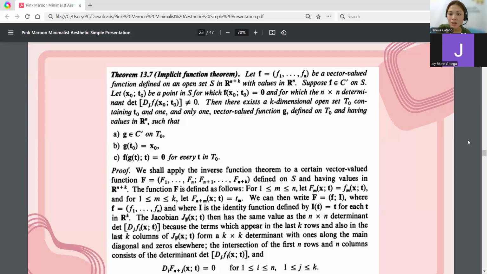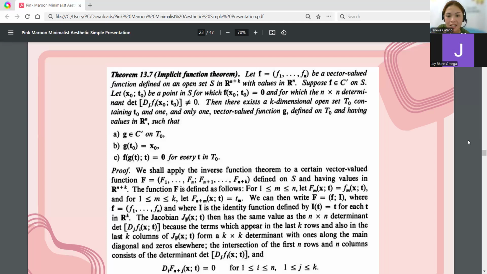Suppose f belongs to C^1 on S. Let (x sub 0, t sub 0) be a point in S for which f of (x sub 0, t sub 0) equals 0, and for which the n by n determinant of D sub j f sub i at (x sub 0, t sub 0) is not equal to 0.